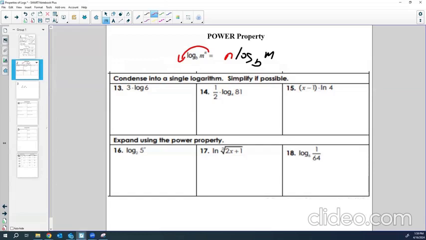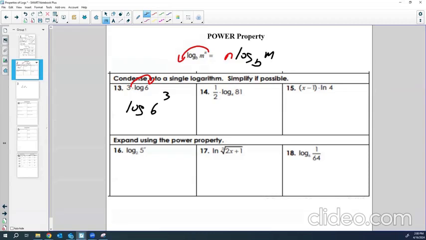So here in number 13, I want to condense this now. This 3 right here is really the exponent. So I can write this as log base 6, I'm sorry, it's log base 10 of 6 to the power 3. Good?